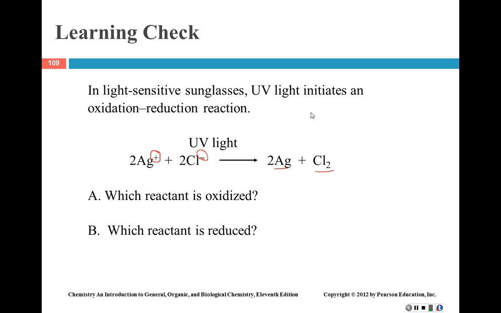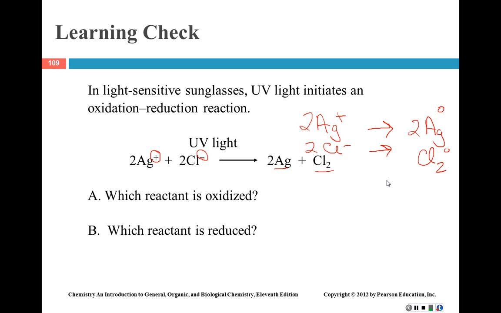Okay, and the way you do that is you've got 2 Ag+ that go to 2 Ag, and remember elemental is going to have a 0 charge, and then you've got 2 Cl- going to a Cl2, which should be a 0 charge.